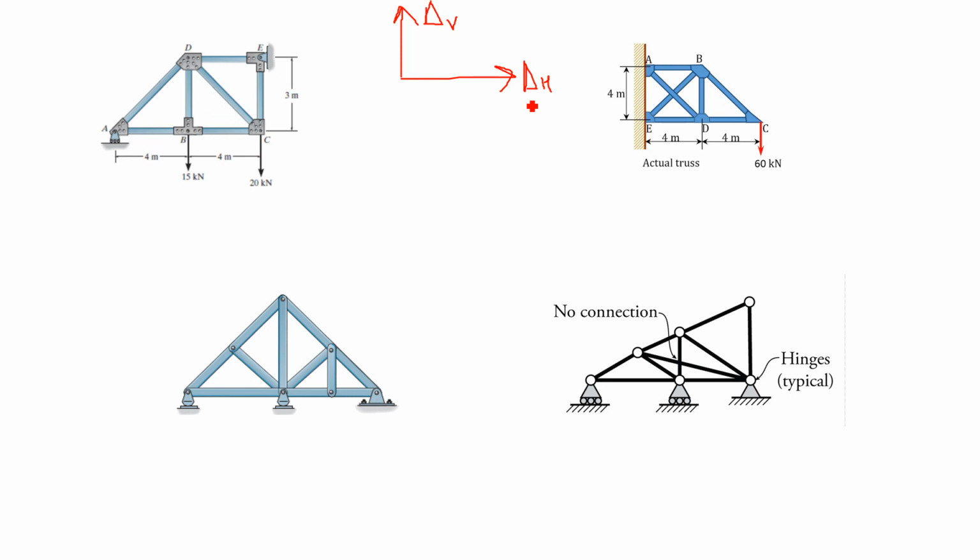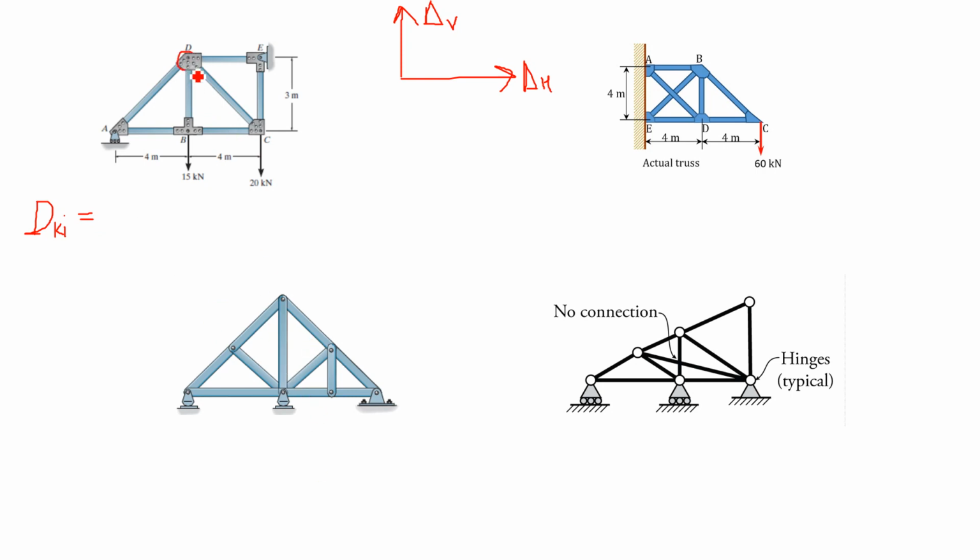So how to calculate degree of kinematic indeterminacy of the truss? It's very simple. dki equal to, first you have to count the joints where no support is provided.